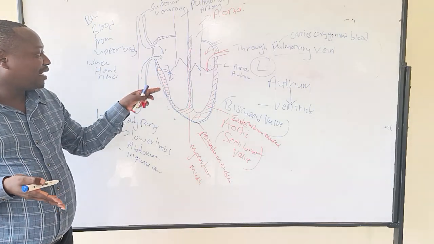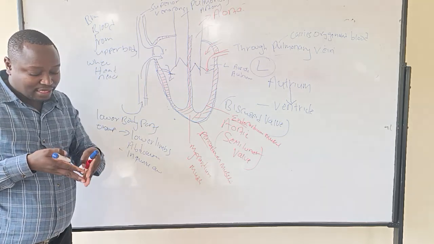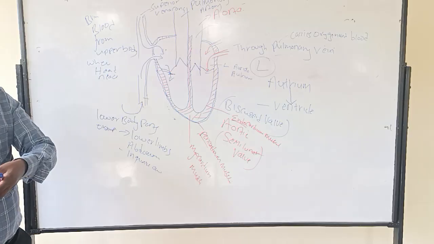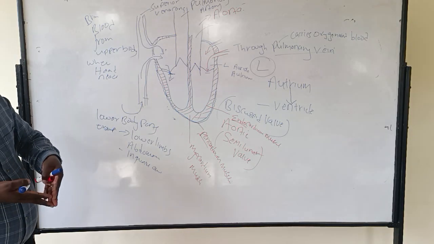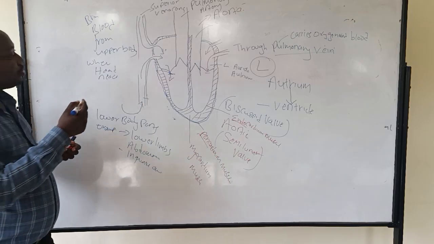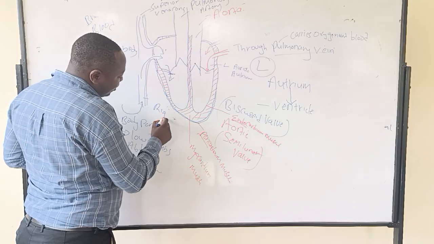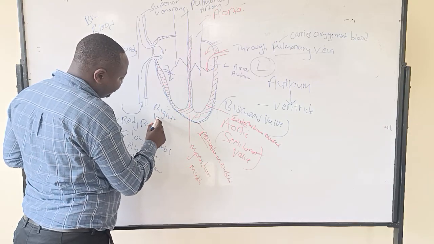Because it's a one-way valve, once the accumulation of blood reaches the maximum level in the right atrium, it allows blood to flow to the right ventricle.